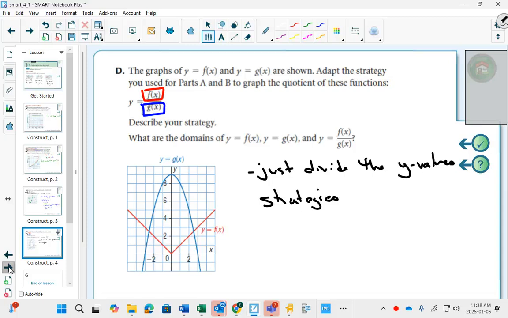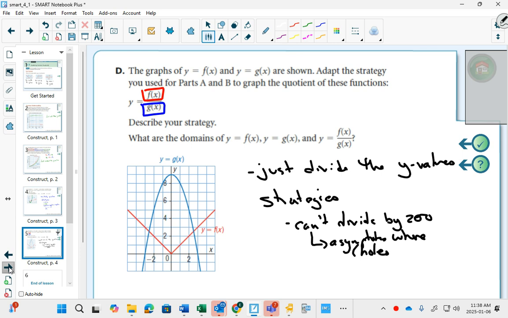What are some important things about dividing that we've learned over the years? Can't divide by 0. So what this is going to result in is asymptotes. Very rarely, I don't think I've ever seen it, but it could be a possibility that it's a hole.